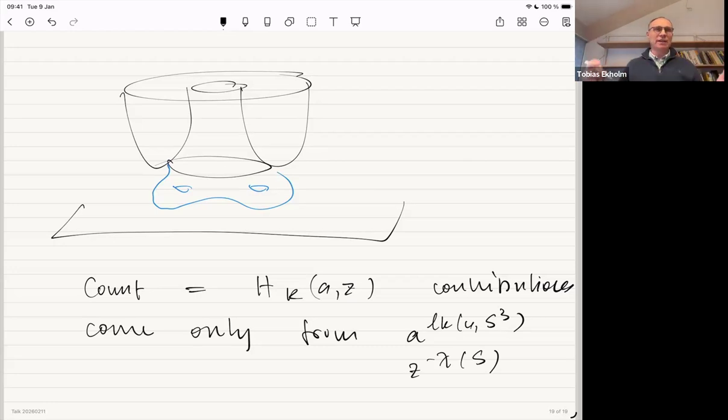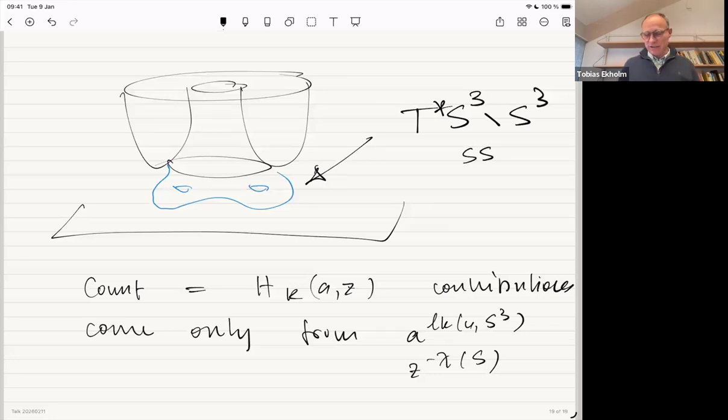Knot theory is empty. And now if we go back, this blue thing is everything in T star S3 minus S3. And if we go back to the picture, we can say that this is the same thing as X minus CP1, and we can fill in the small CP1 without changing the curves.